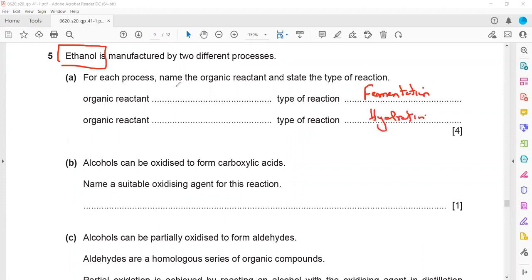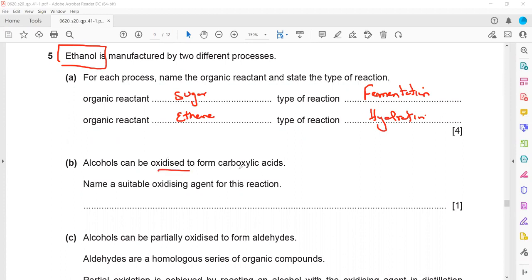So the organic reactant for fermentation is a sugar or glucose, and for the other we use ethene. Ethene plus steam gives ethanol, and the fermentation of a sugar solution will also give ethanol.